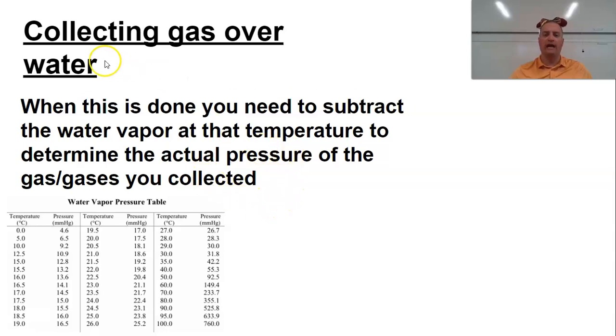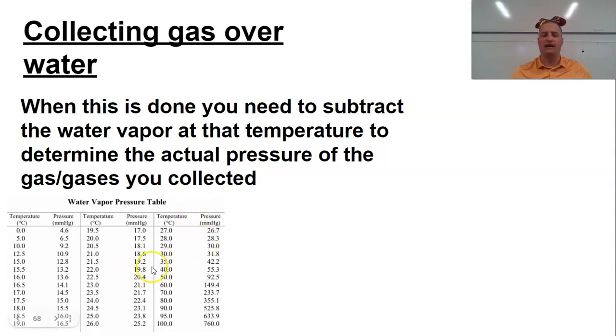So when gases are collected over water, and this is chemistry's favorite, much like a children's favorite is mac and cheese, this is the mac and cheese of chemistry. The idea is that you're going to see these values. Of course, they'd be given to you. You're going to see them in problems, you're going to do it in a lab, and you're going to do it guaranteed on the AP exam in one way, shape, or form.